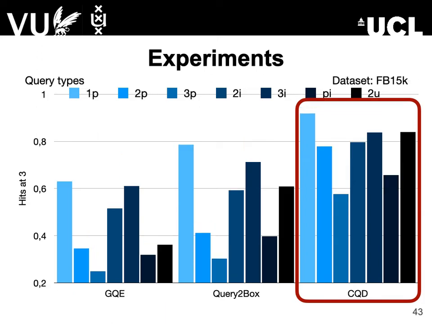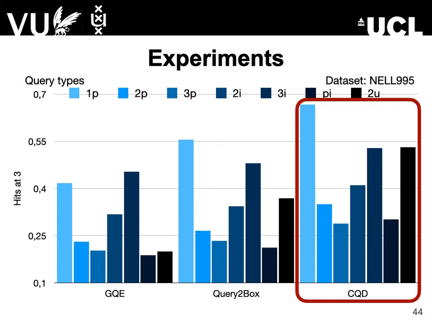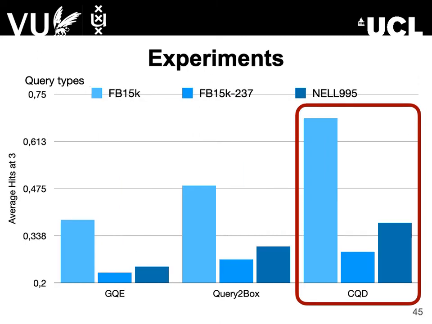Here we can see the results on Freebase 15K. And here the results on NELL995. And here we have the average results between all types of complex queries that we considered. And we can see that our model produces significantly more accurate results on all the three datasets.